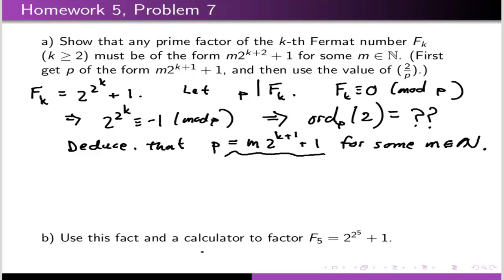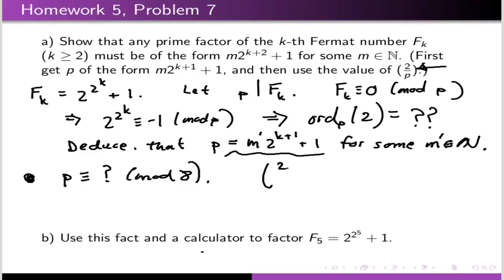And now we want to go one step further and show that in fact this value m must be even, and so it's of the form m times 2 to the k plus 2 plus 1. So this m is not the m we're going to get in the final answer, so maybe you put an m prime here. And what I want to do is use this fact here. So now that I have p of this form, let's just think of this as being the second part, p is congruent to what? Mod 8.